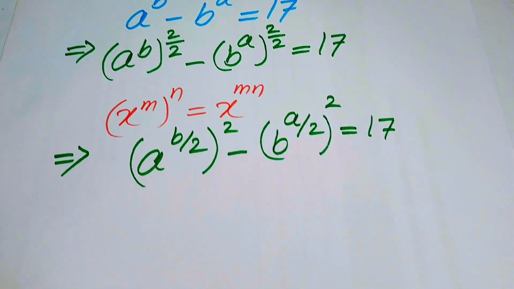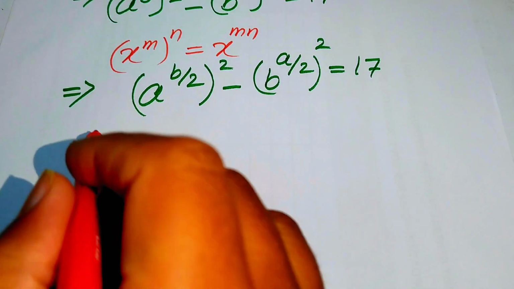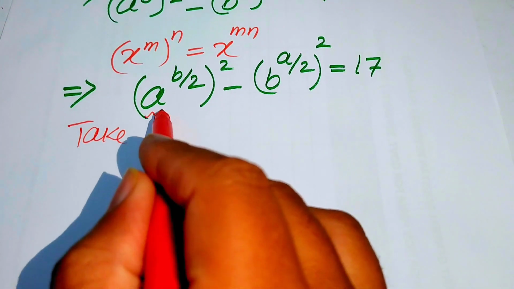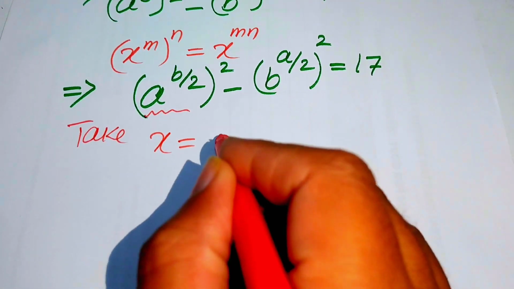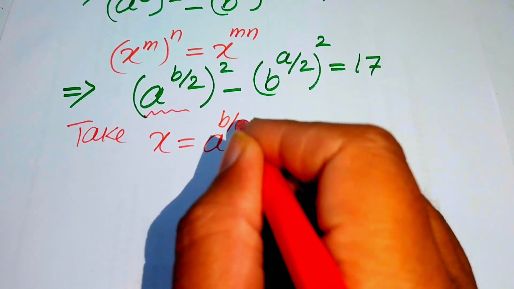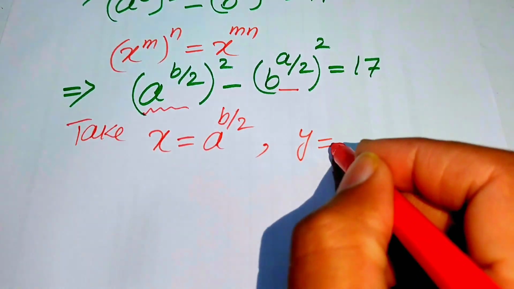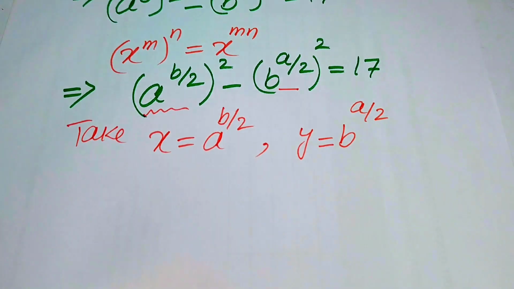And now in the next step we convert this exponential equation into the algebraic form, so we need a little bit of simplification or substitution here. We take this term equals x, so x equals a to the power of b over 2, and we take this value equals y, so y equals b to the power of a over 2.